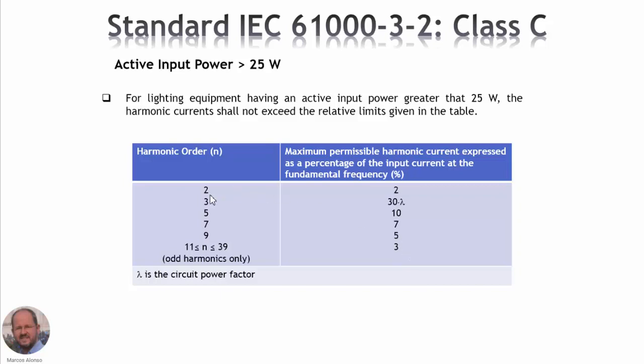So for example, the second harmonic has to be lower than 2% of the amplitude of the fundamental harmonic. In the case of the third harmonic, it has to be lower than the percentage obtained by multiplying 30 times lambda, being lambda the power factor of the converter. And for the rest of the harmonics, we have these percentages here.